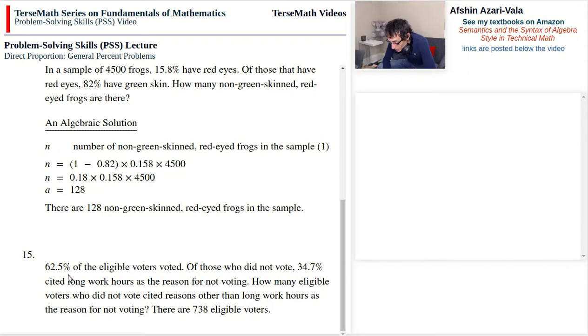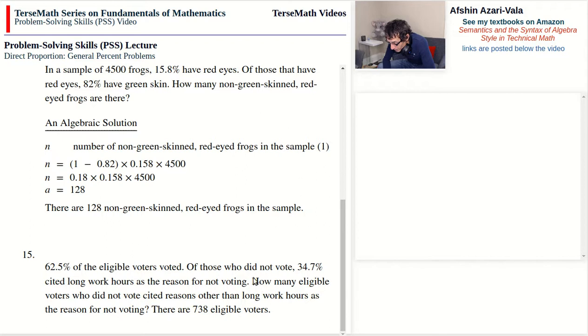Okay, so let's take a look at whether we'll be using 62.5%, 100% minus it, or 100% plus it. It says 62.5% of the eligible voters voted. Now we say of those who did not vote. And if you also take a look at the question part, it says how many eligible voters who did not vote.